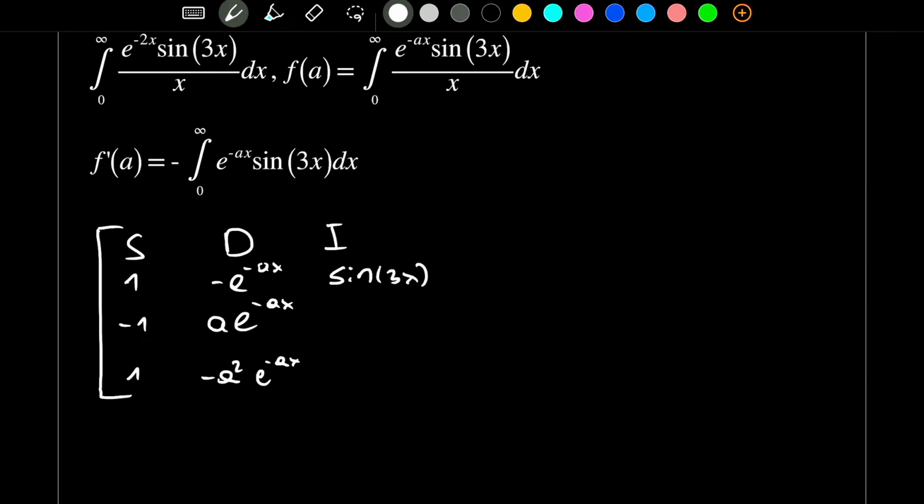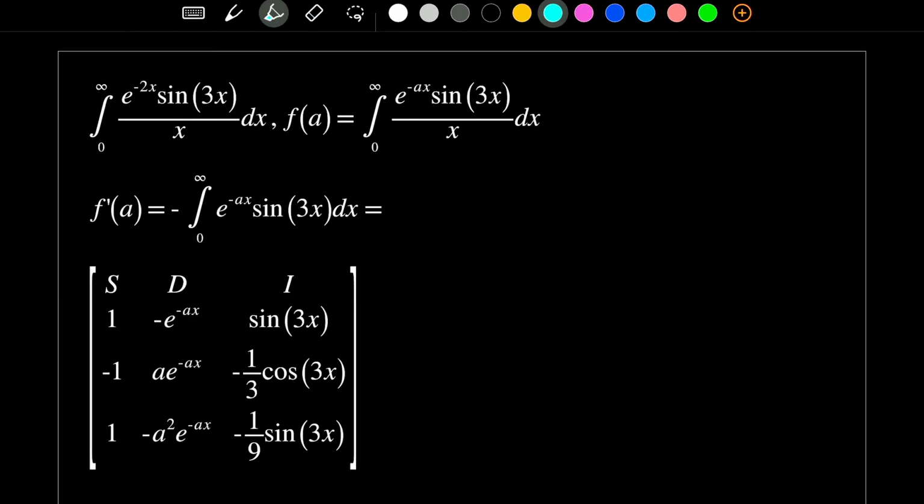So the first integration is going to be minus 1 over 3 cosine 3x. And the second time is going to give us minus 1 over 9 sine 3x. Now, if you want to check that yourself, you could actually just integrate or differentiate in this direction, and then you're going to find the correct derivatives. So that's just the same as integrating in this direction.